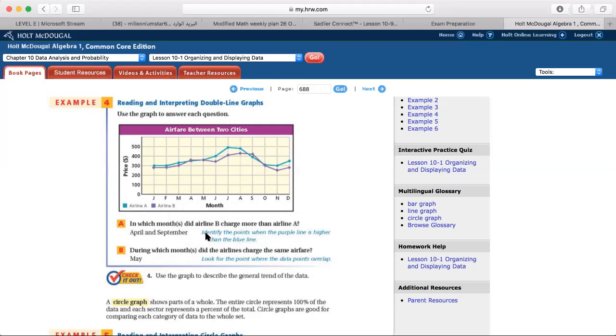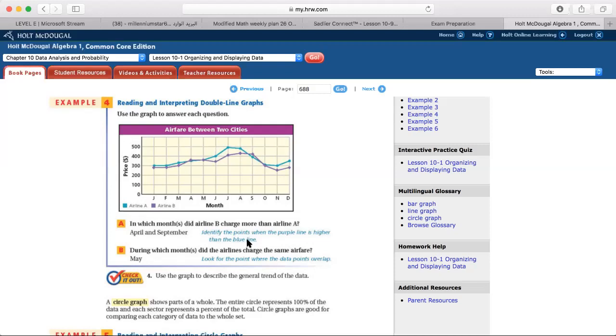Because they are asking you, in which month did airline B, which is the purple, charge more? More means higher than airline A. So each word represents a color or a key word or a definition in the line graph. So airline B, which is the purple, charged more, which is higher than airline A, which is the blue. So identify the points when the purple line is higher than the blue line.